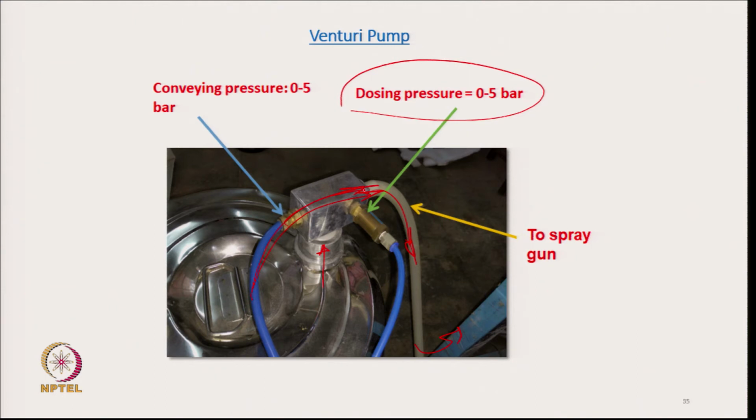What the conveying air does, while moving from left to right, is create a vacuum, and this vacuum helps in sucking the powder from the hopper.